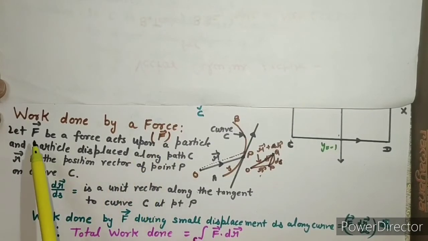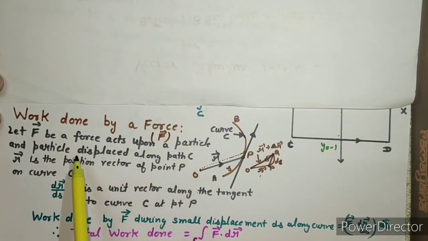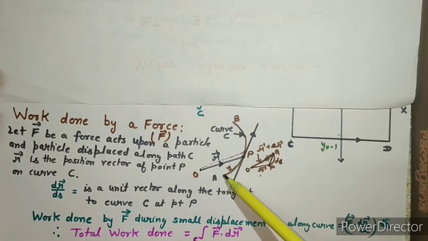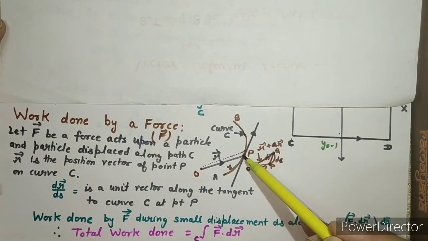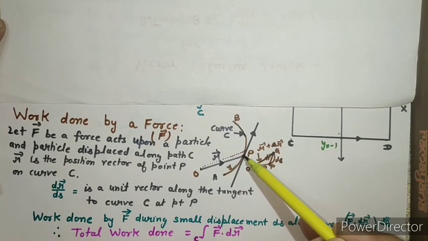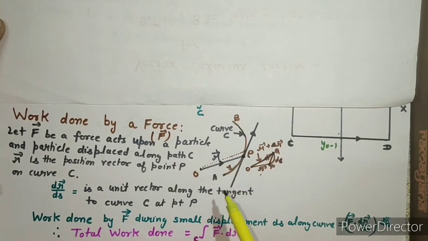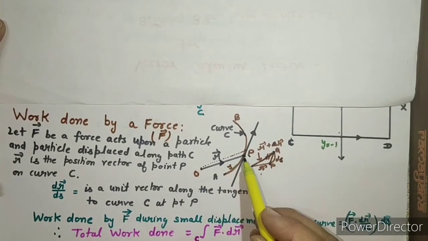So first of all, F is a force acting upon a particle and suppose this is my curve, and the curve is represented by this arc AB and this is denoted by S. Okay, and suppose P is a point on this curve, and the position vector of this point P is equal to r vector. And we already did that dr by dt is tangent at point P.